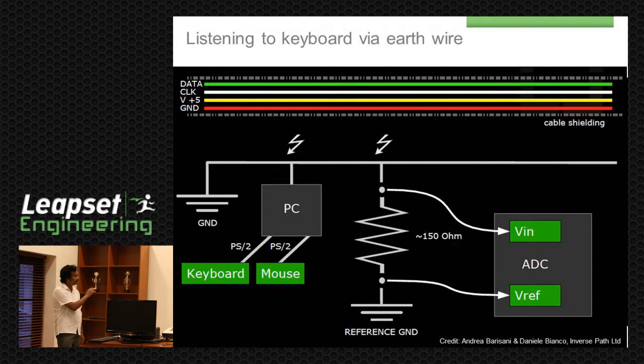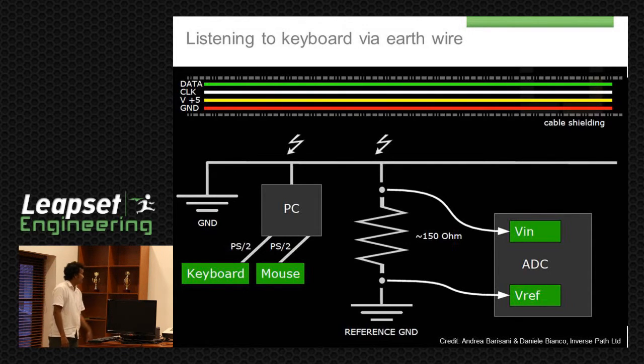Through the shield, it can go anywhere inside the building through the earth wire. In that case, the earth wire acts as an antenna. If you have set up a computer with a PS2 keyboard here, you might be able to pick up this signal from another room or another floor, because the earth wire is connected to the same electrical circuit in the building.